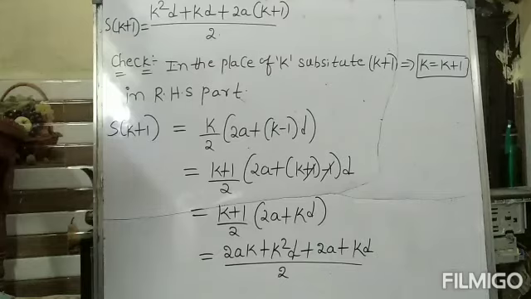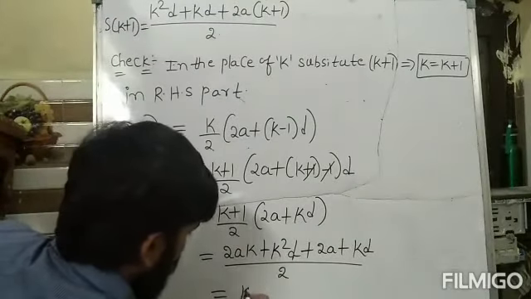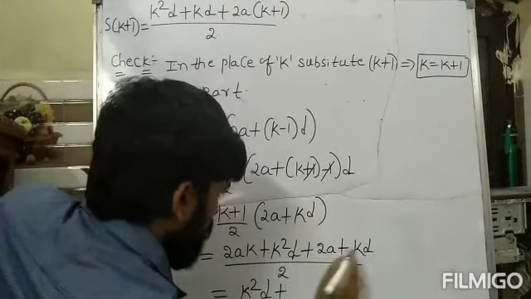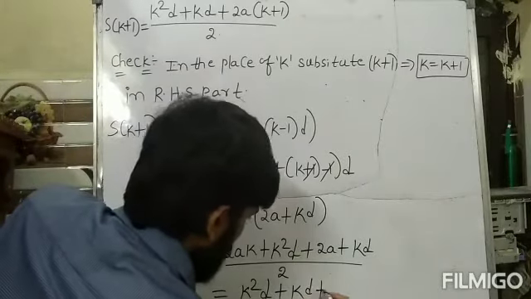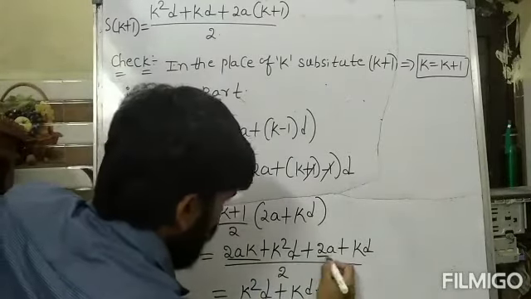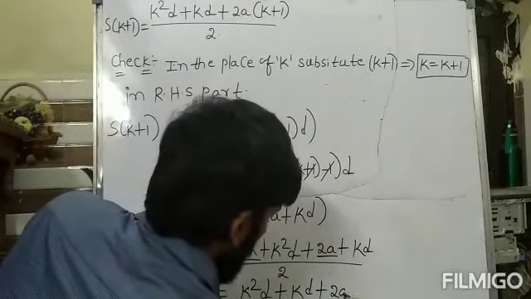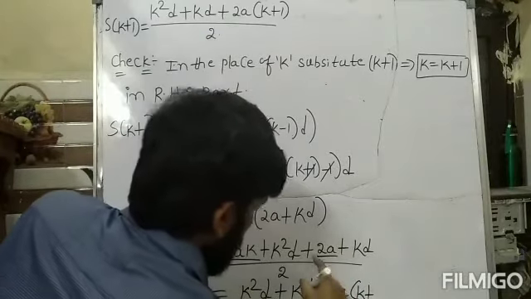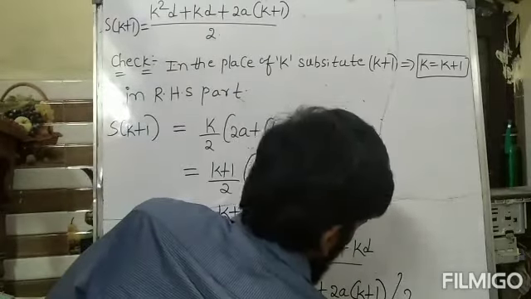Now write them in order. First it will be k square d, plus from this kd. Next, from 2ka and 2a, which is common? 2a is common. If you take 2a common, what is there? k, plus 1, by 2.